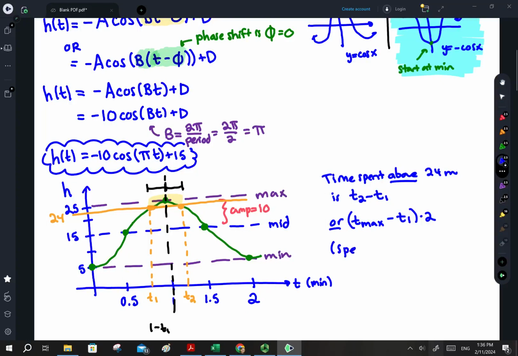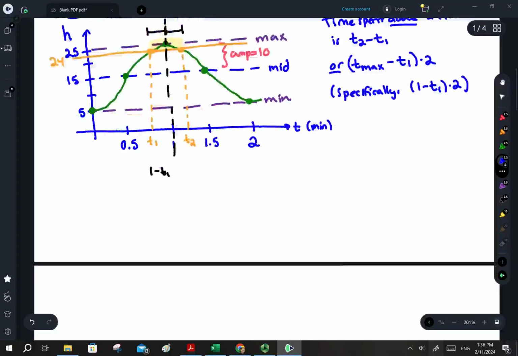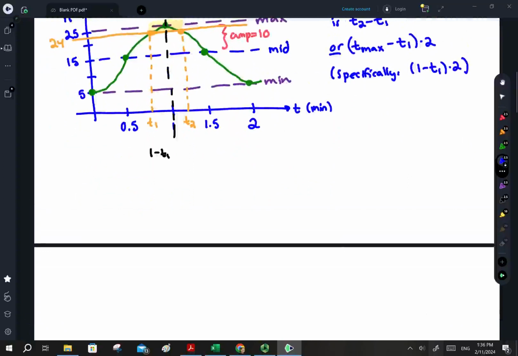And again, specifically for this problem, that would be 1 minus T1 times 2, because the maximum is reached at 1 minute. You can do it either way. Both are totally fine. Now, to do it in either of these methods, I do need to find at least one time. So that's where the trig equation comes in.